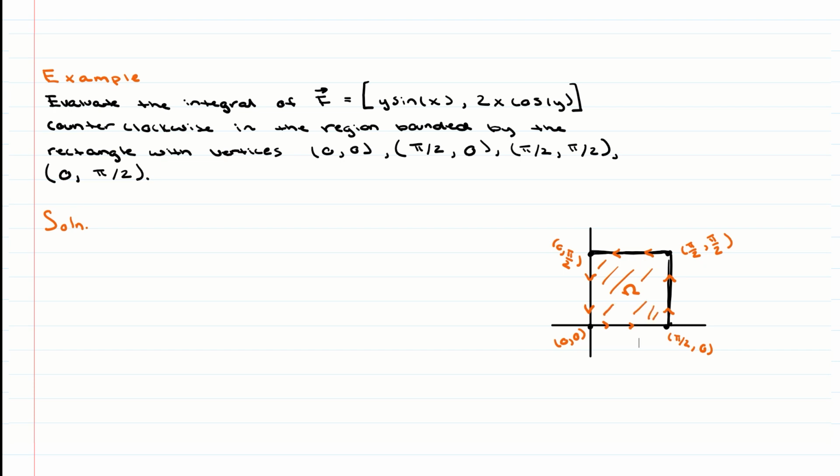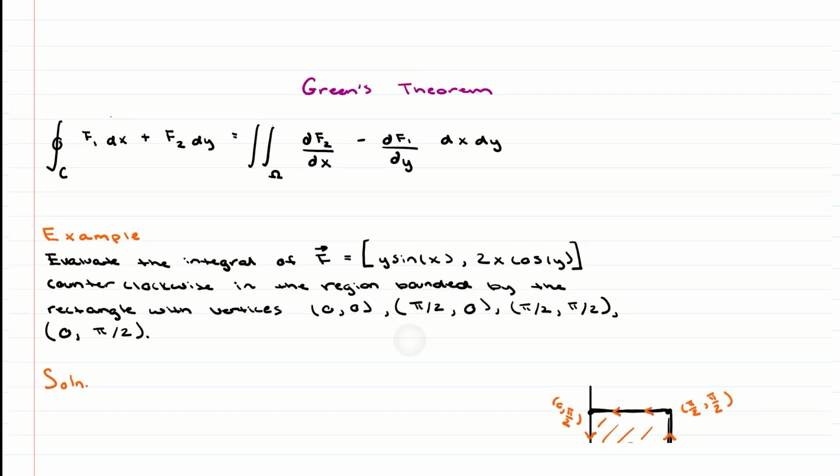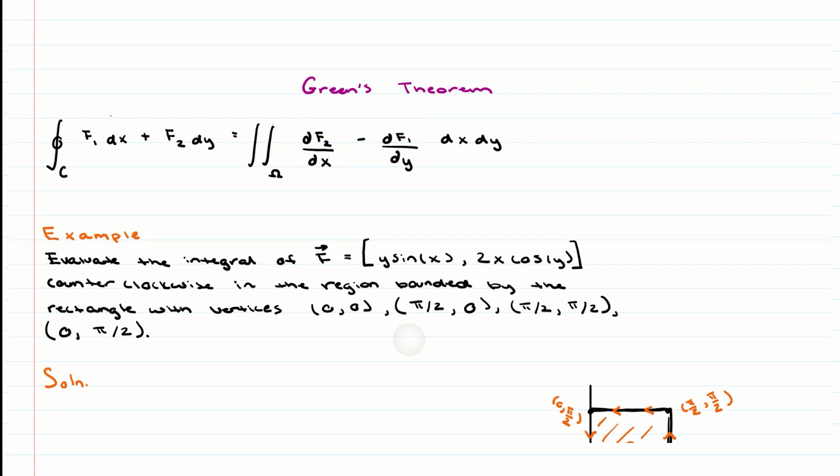So let's actually start to compute our double integral. The first thing that we need to find is the partial derivative of f sub 2 with respect to x minus the partial derivative of f sub 1 with respect to y.